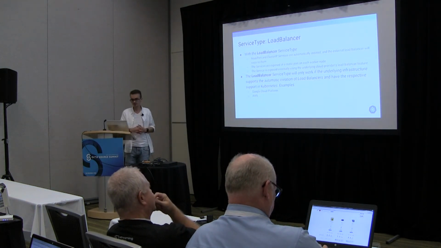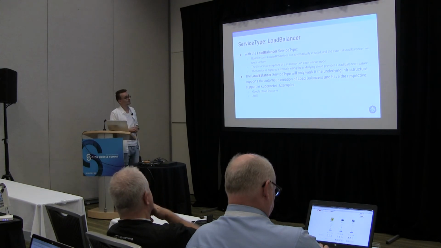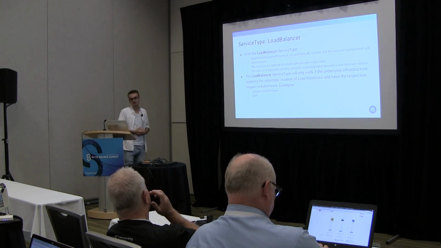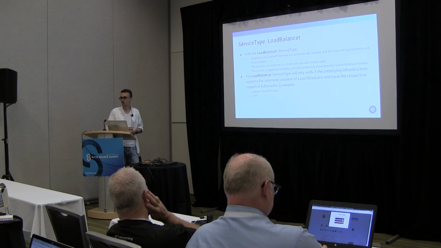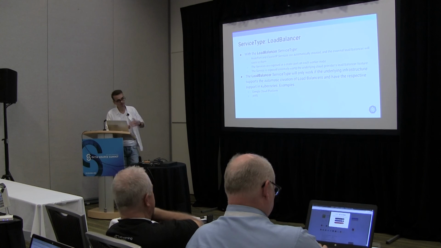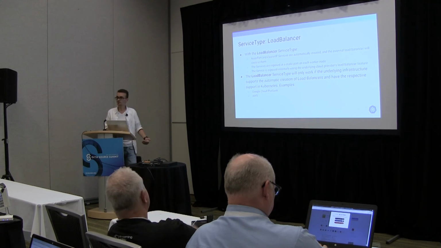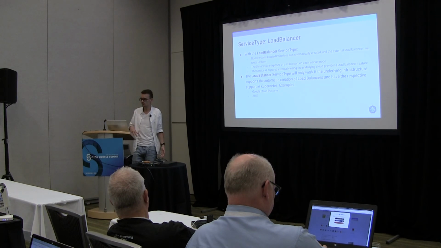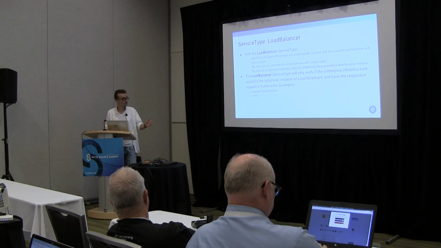Another service type is LoadBalancer. LoadBalancer is widely used for environments that explicitly support it, for example, Google Cloud Platform and AWS. If you are running a Kubernetes cluster in a Google Cloud environment, the easiest way to have external access from the outside world to your Kubernetes cluster is to use the load balancer.